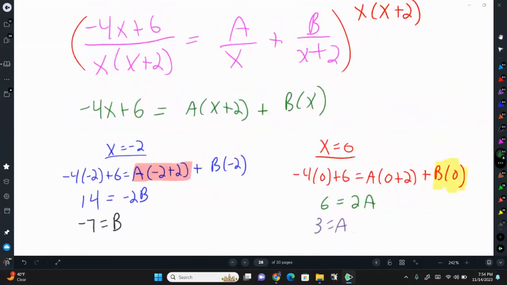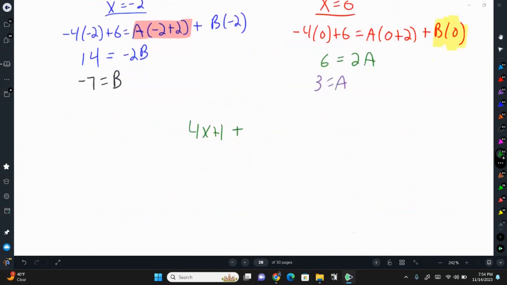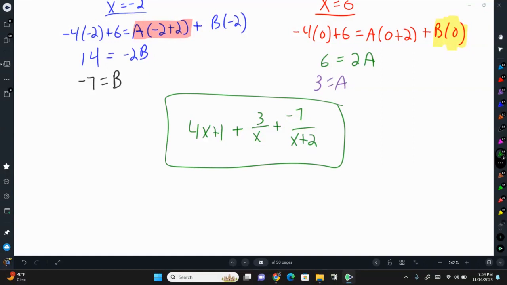So it's going to be 3 over x plus negative 7 over x plus 2. So yeah, when we have an improper fraction, that means, again, the degree is larger in the numerator than the denominator, then we have to do long division and then do partial fraction decomposition just on the remainder.